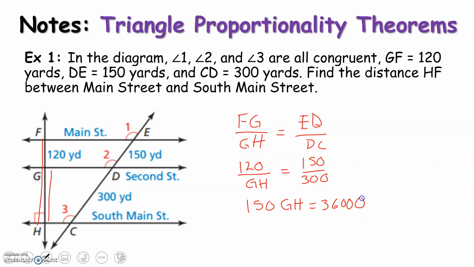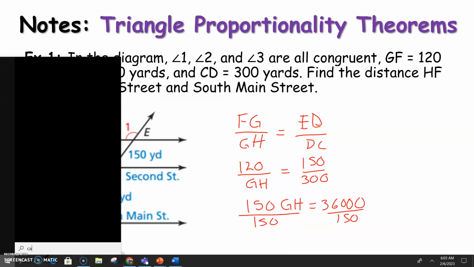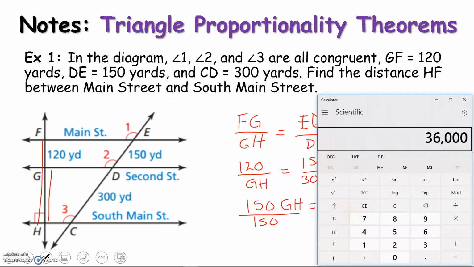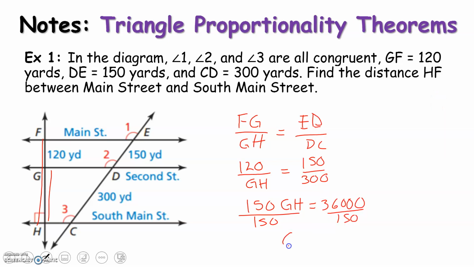36,000. Dividing by 150, we get 36,000 divided by 150, or 240.